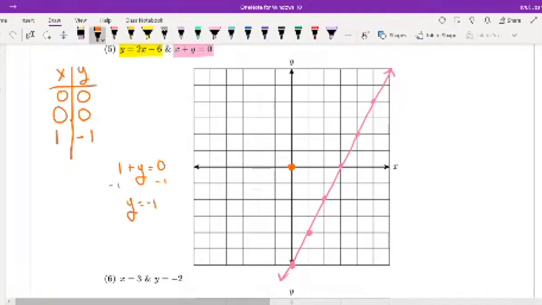So now we can plot that point, which is here. So now that's showing me that we have a down slope just by 1. And we can follow it up the other way and connect the dots. And it looks like these lines intersect exactly here, which is the point 2 comma -2.